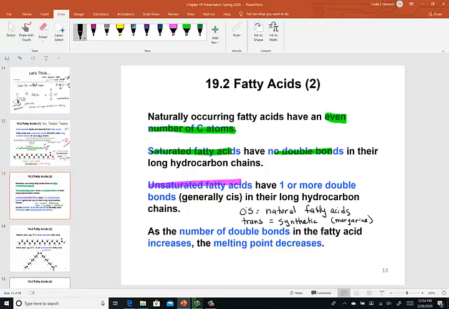Another important trend to recognize is that as the number of double bonds in the fatty acid increases, the melting point decreases.